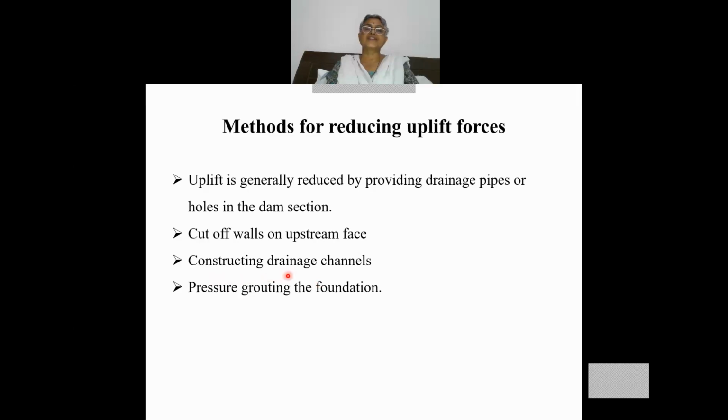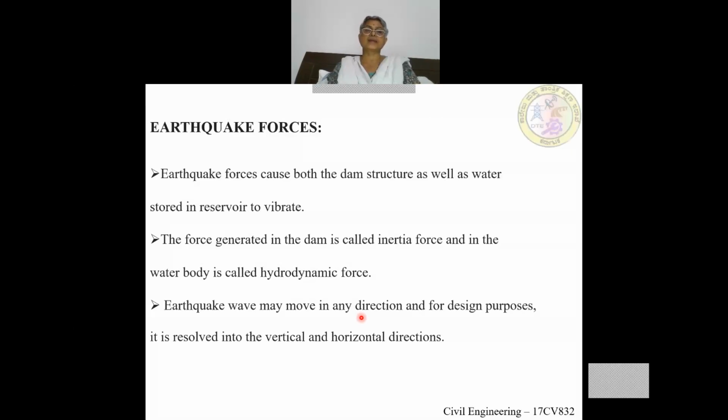Constructing drainage channels: instead of galleries, you can also provide drainage channels, and the pores can be grouted. The pores can be filled by pressure grouting the foundation so that no water seeps into the body of the dam, the foundation, or the contact surface between the foundation and the body of the dam.